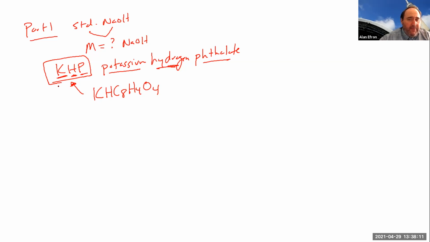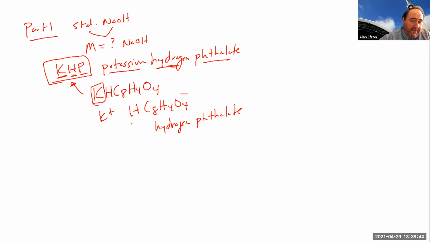It's a salt, and when we react it with something like sodium hydroxide, we do get a reaction here. If we take out this part of it, this is K plus, and this is hydrogen phthalate.